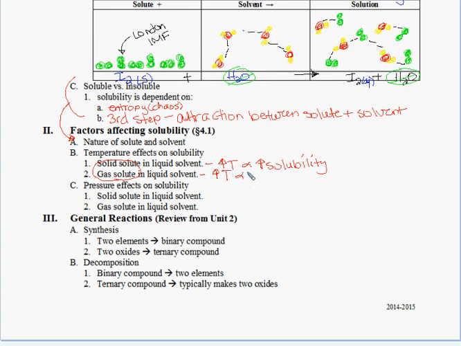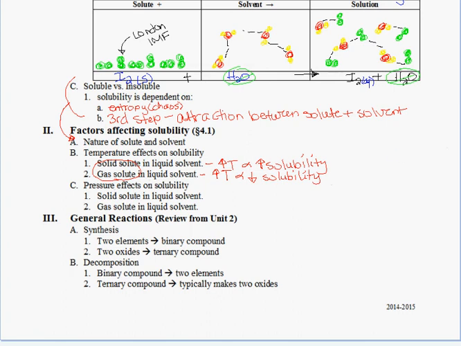Gases, if we increase the temperature, we will actually decrease the solubility. And you might have seen that if you sit down and you open a can of soda and leave it out. As the temperature gets warmer and warmer, the soda gets flatter and flatter. And that's because you're losing the gas solute, your carbon dioxide, that's trapped inside that soda.